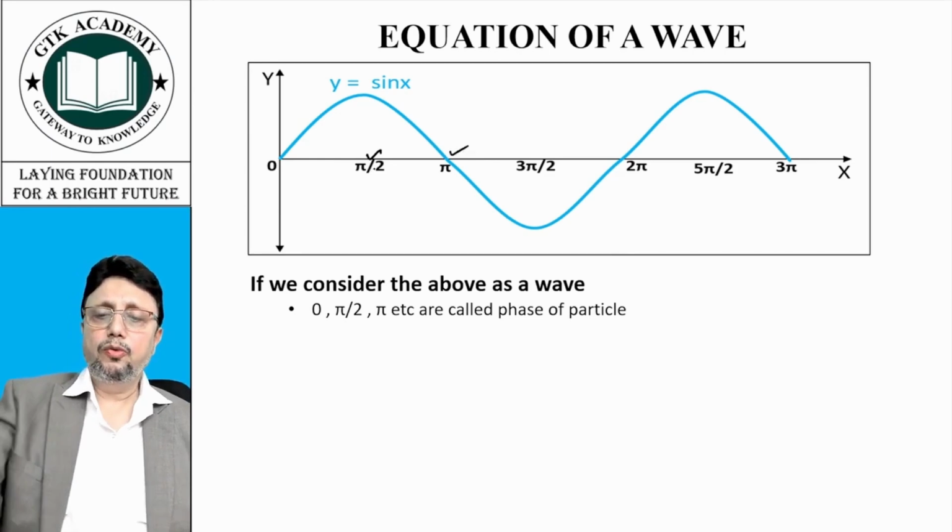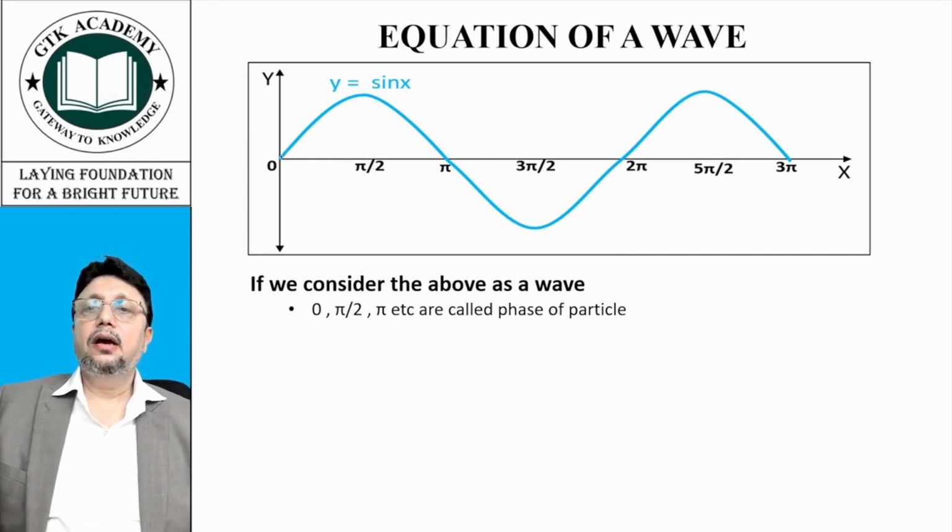What do we mean by that? Now 0 means the particle is at its mean position. Pi by 2, it's at its maximum position in one direction. Pi, again it comes to mean position. 3 pi by 2, it is at maximum in the other direction. 2 pi, again at mean position.